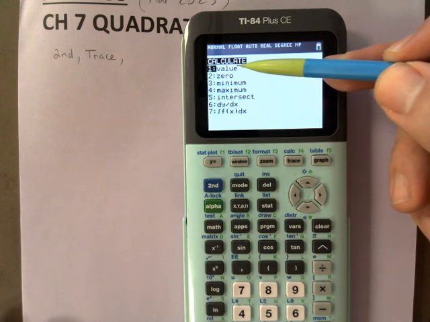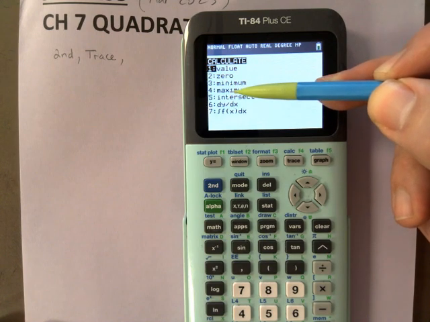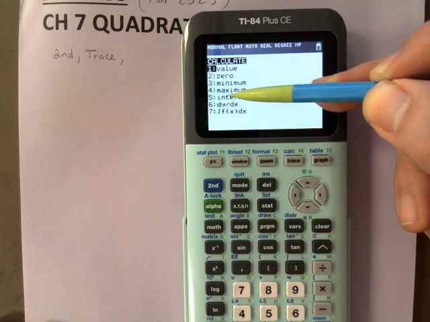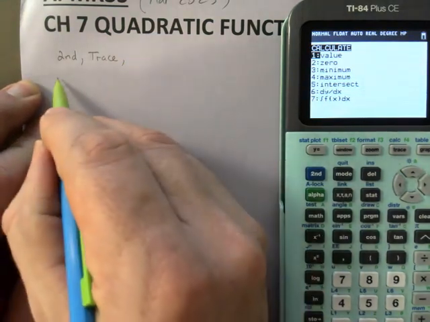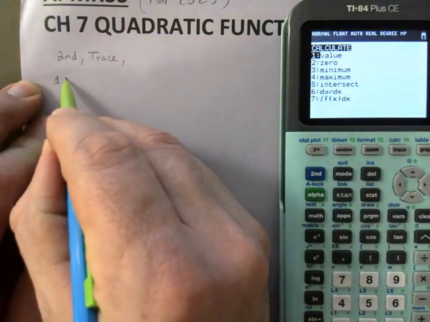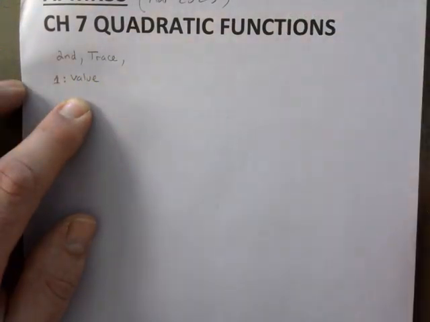We are only going to use value, minimum, maximum, and intersect. Those are the only ones that we're going to access here. So value, the first option here. What does it do?